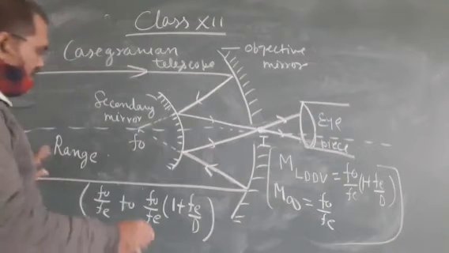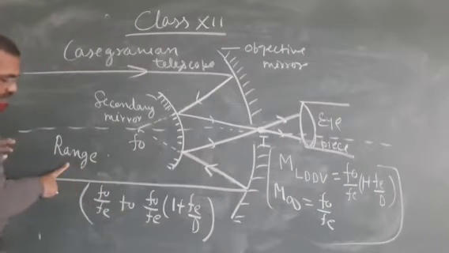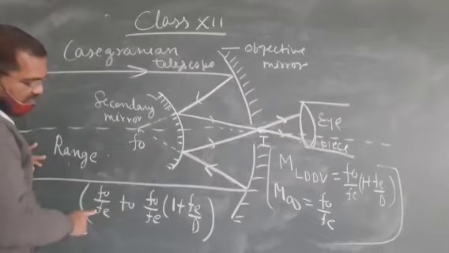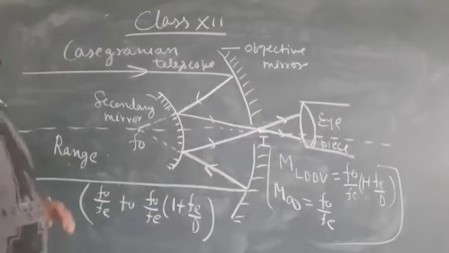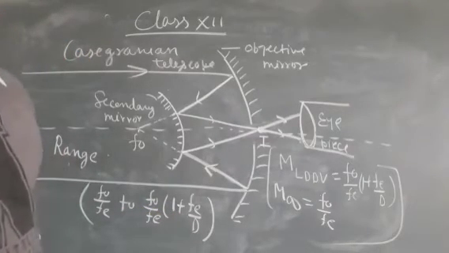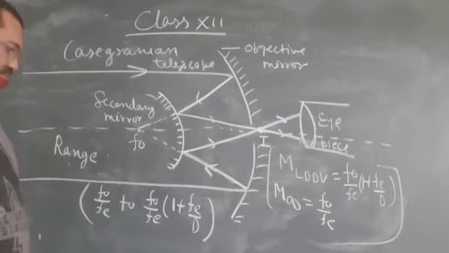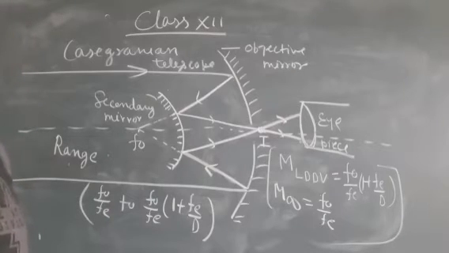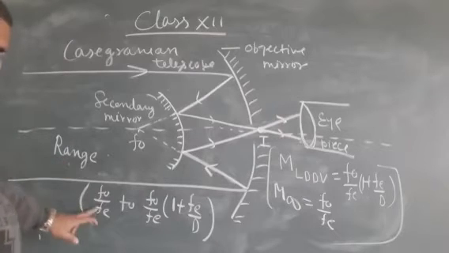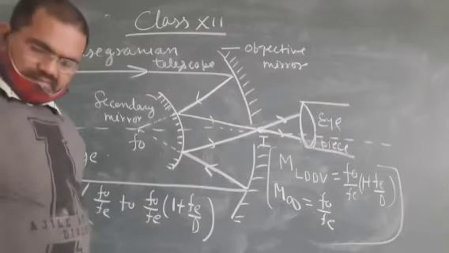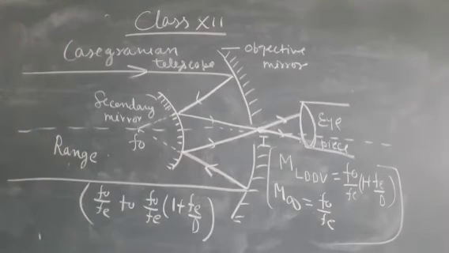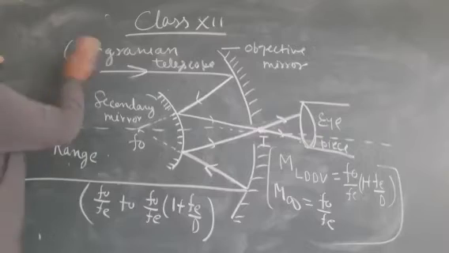So you can write here, range will be f0 by fe to f0 by fe (1 + fe by d). Clear? Range f0 by fe to this one. Okay. Now the diagram.